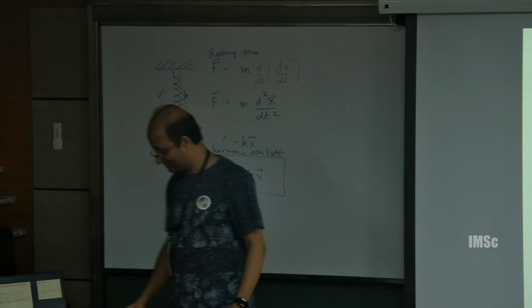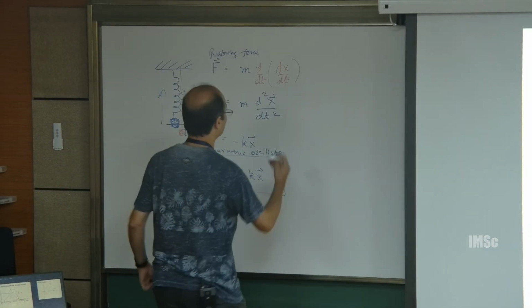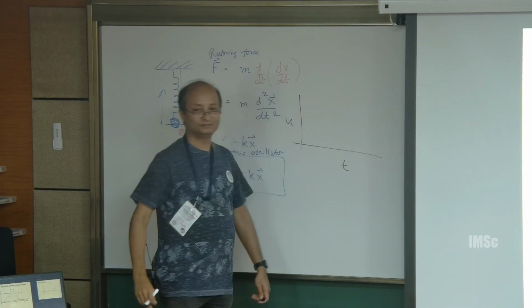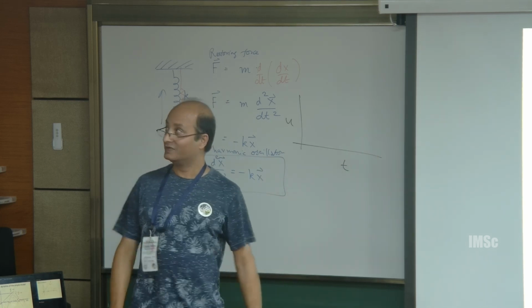So how will this look if you look at it in terms of time? How will U versus T look? Remember this is in UV space. How will U versus T look like?